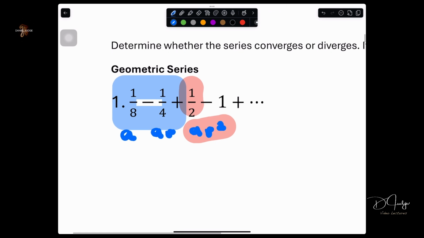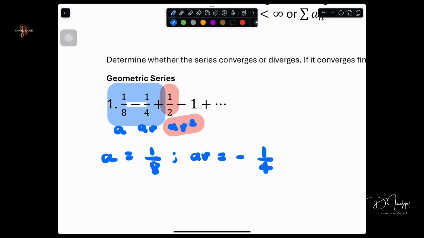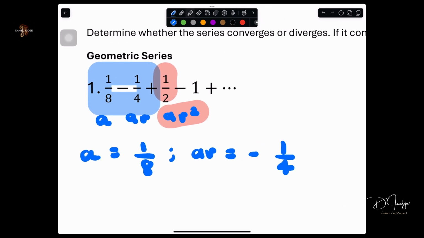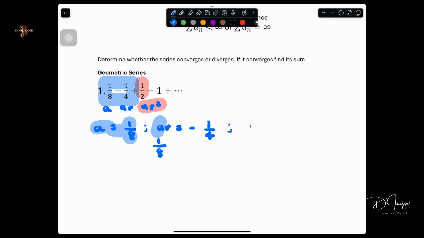So, if this is geometric, A would be 1/8. AR is negative 1/4. Okay, that's a negative value. Replace your A, which is 1/8. So you end up getting the relationship that 1/8 R should be negative 1/4.